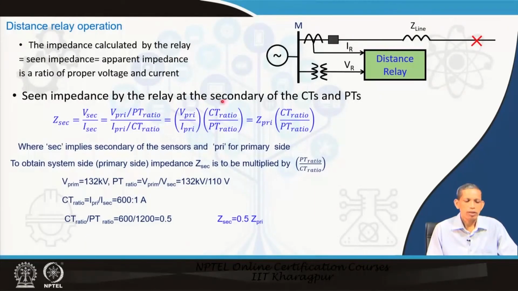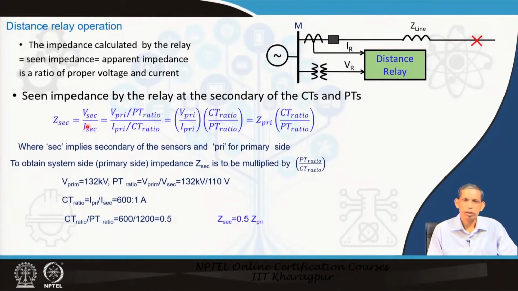Now, the seen impedance by the relay: because the relay uses the CT signal and the PT signal at the secondary side, the calculation of the relay is based on the secondary signals of these sensors. So, Z secondary is the impedance seen by the relay as per the secondary side information.